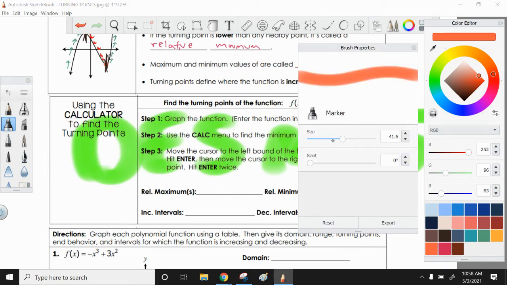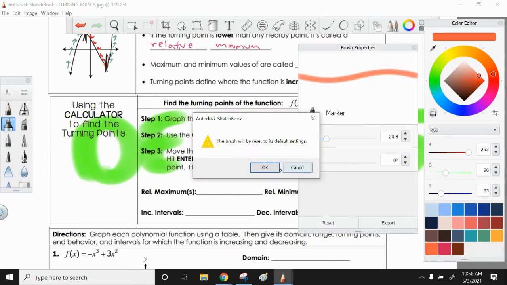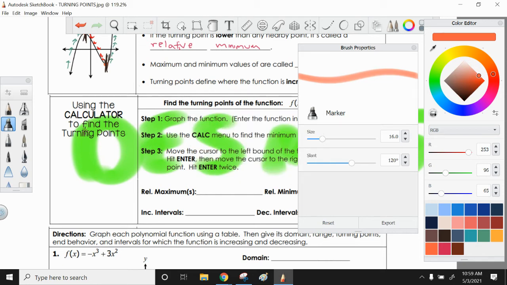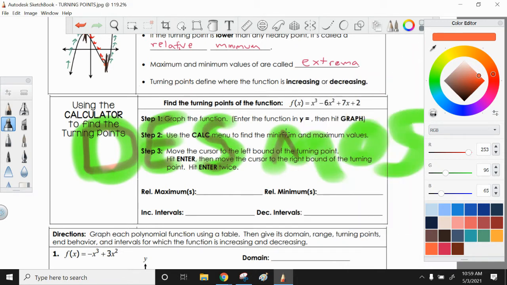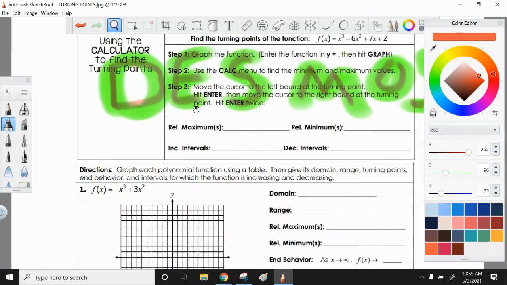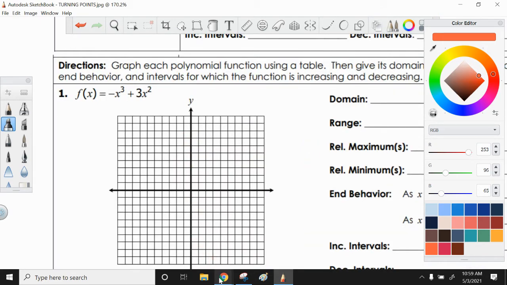We don't need to do all of this complicated, go to your y equals graph, then use the calc, then hit enter, enter twice, find your, just type it in Desmos. We know that if we type it in Desmos, it's going to give us those gray dots. It's going to tell us where our max is, and we're done from there. So we're going to Desmos. We're using number 1. Let's see how this graph looks.